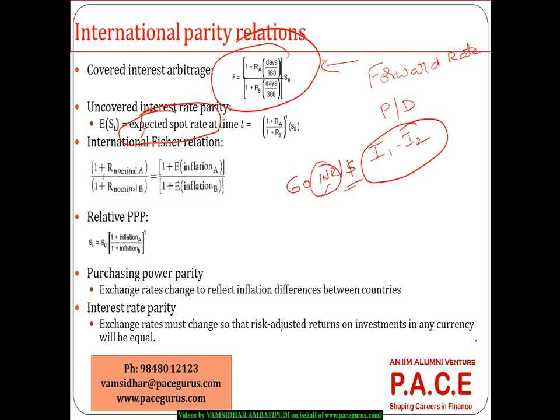And whenever we are using the word expected spot rate, here also we are using the interest rate in the domestic currency divided by the interest rate in the foreign currency. This should be reflected in the expected spot rate. So whatever is my base currency, the foreign currency, can appreciate by the difference in the interest rate levels.